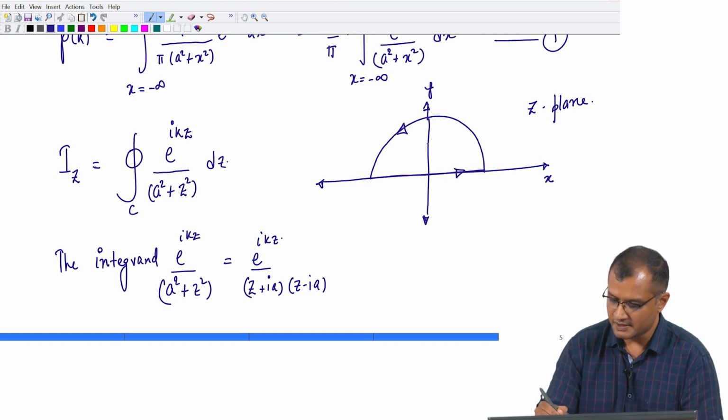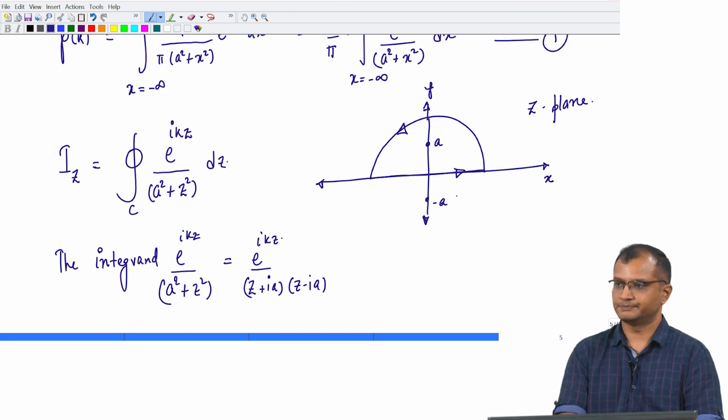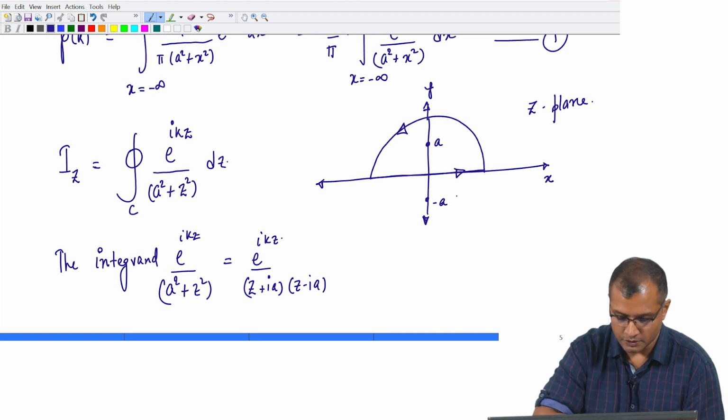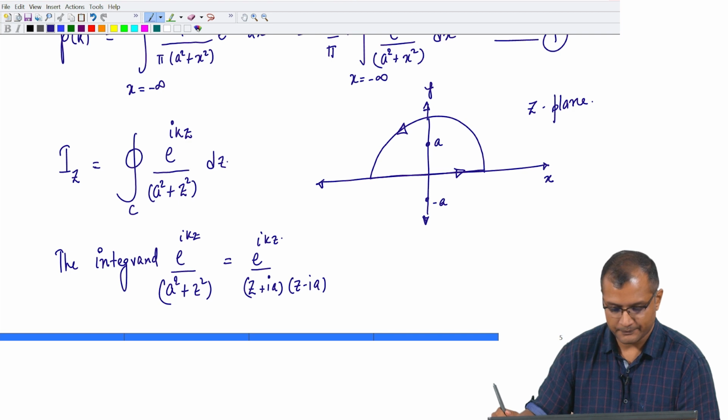So, there are two poles, I am going to use only one of them, which is at a, and there is another pole at minus a that I am going to drop. Okay. So, as you can see, okay.